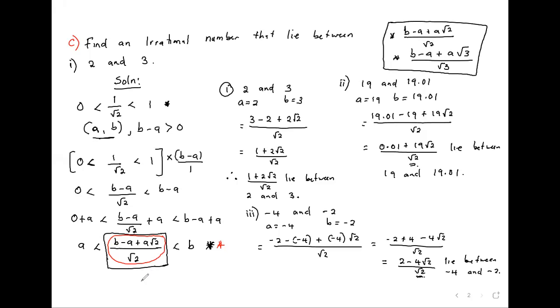You have another solution that is irrational in the same interval. If they want another one, you can use √5 there. You can use √7, √6, √11, √13. Any number, you just change the irrational there.